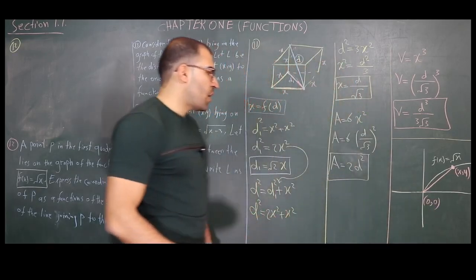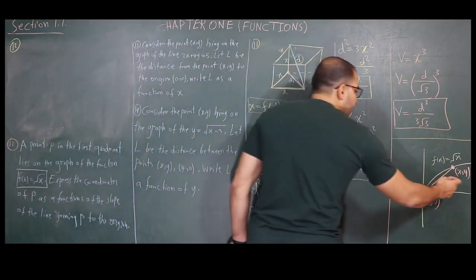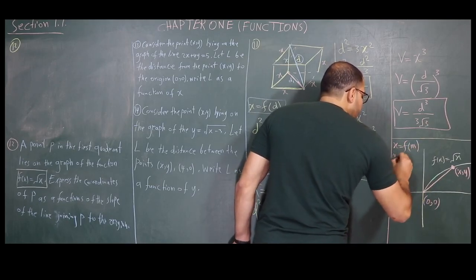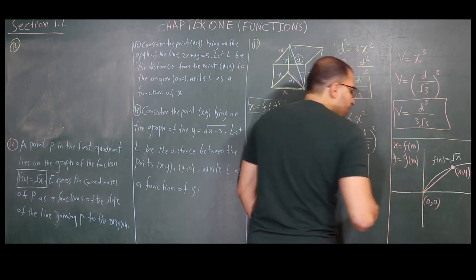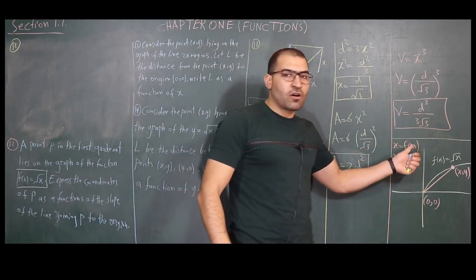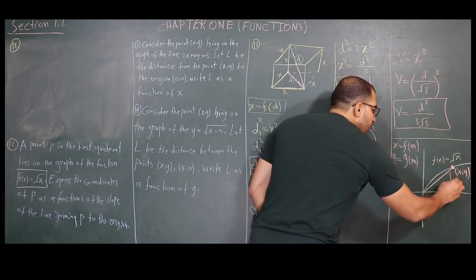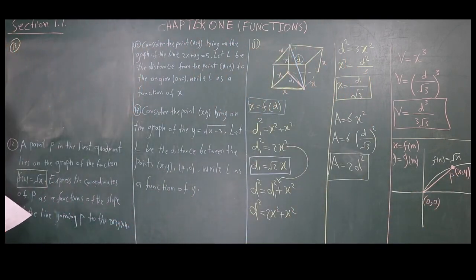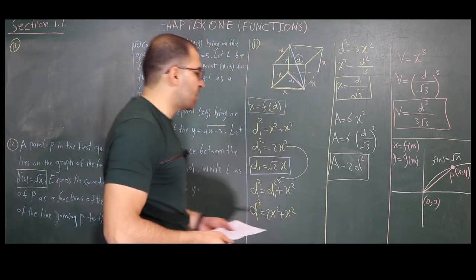He wants us to express x as a function of the slope and y as a function of the slope, not any slope, but the slope of this line joining the point P with the origin. It's not difficult to find, but it's tricky, and he wants to check that the student has fully understood the material of the function.